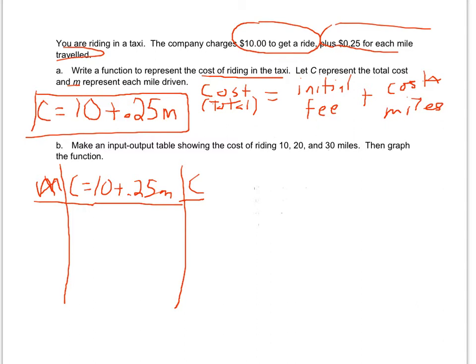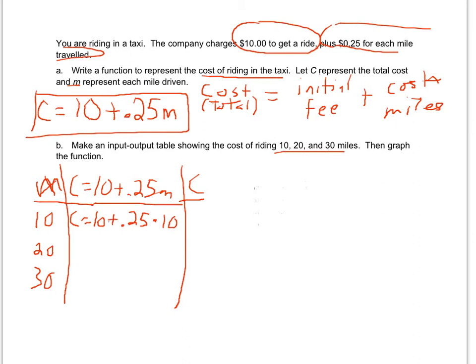It says showing the cost of riding 10, 20, and 30 miles, so those are my inputs: 10, 20, 30. Now I plug them into my function. C equals 10 plus 0.25 times 10.